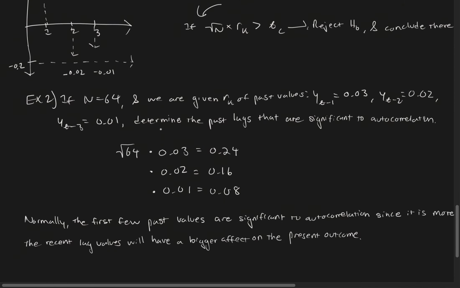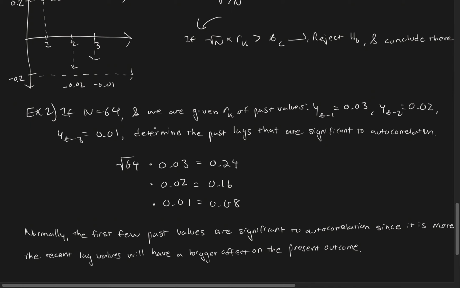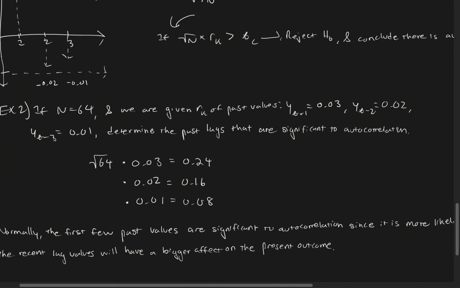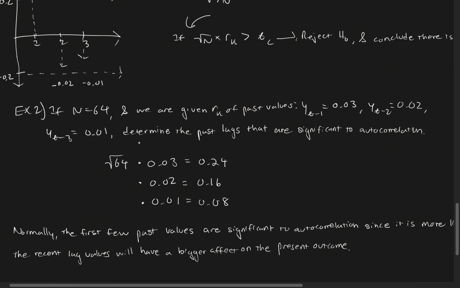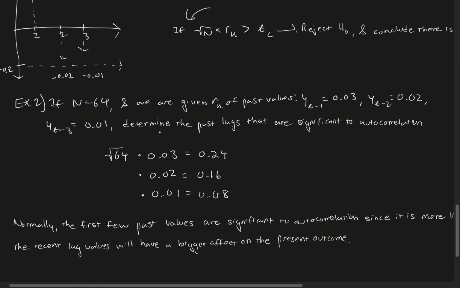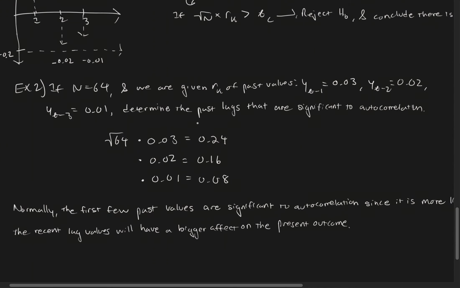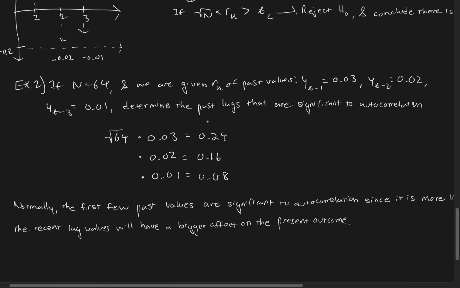All right, so in an example, let's say we have a 64 sample size and we're given the correlation of past values: 1 unit into the past being 0.03, 2 units into the past being 0.02, and 3 units into the past being 0.01. We need to determine which of the past lags are significant to autocorrelation.